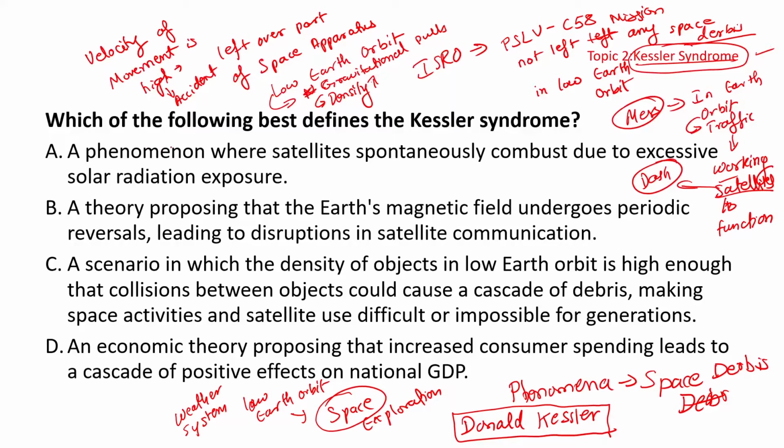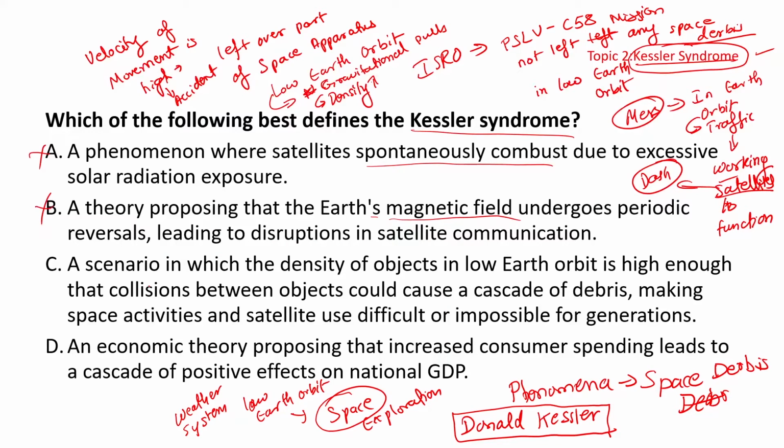So let us now look into the question. Which of the following best defines Kessler syndrome? A phenomenon where satellites spontaneously burst due to excessive solar radiation. No, this is not correct. A theory proposing that Earth's magnetic field undergoes periodic reversals leading to disruption in satellite communication.